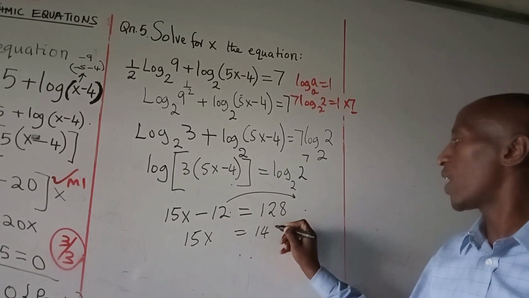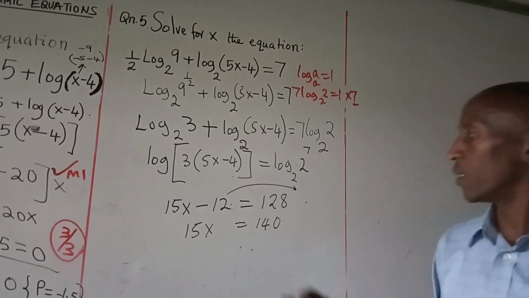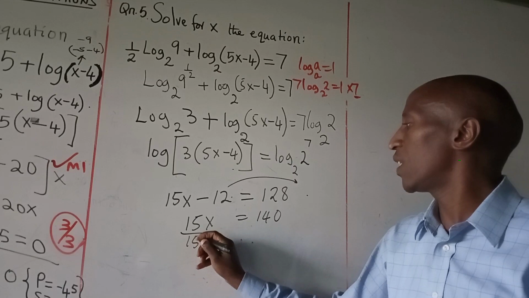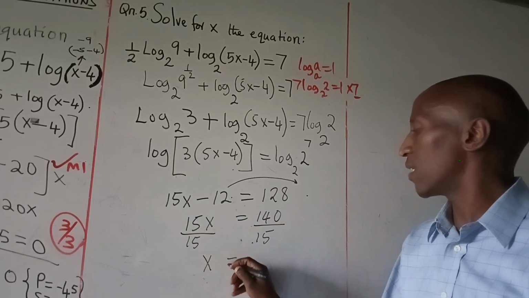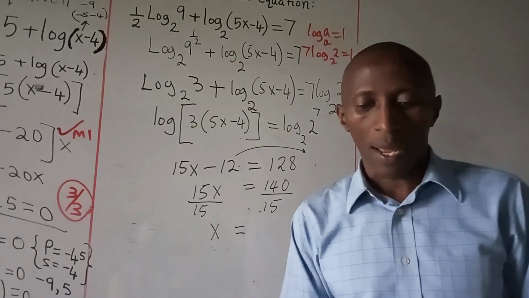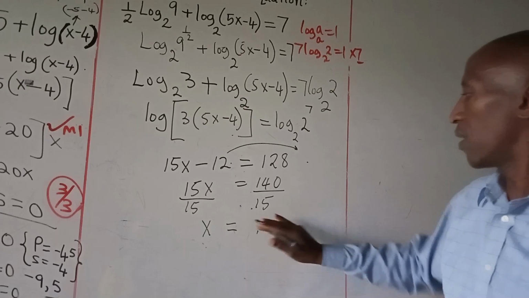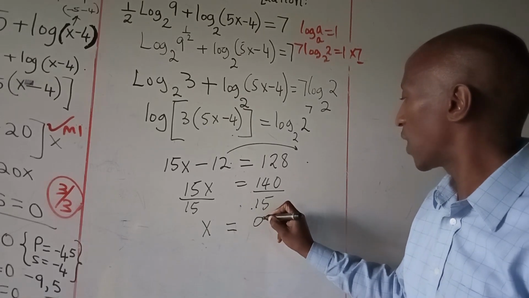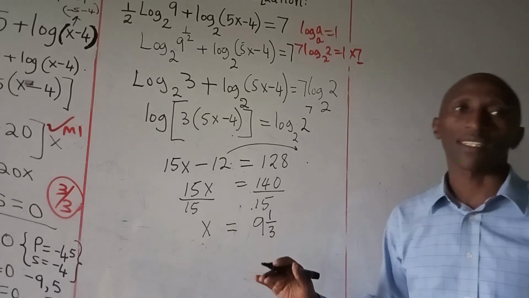That gives you 140. At that point, we divide both sides by 15, and on this other side, we get x is equal to 9 and a third. We get 9 and a third as the value of x.